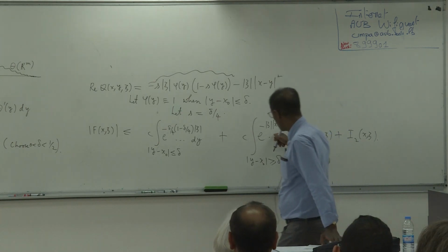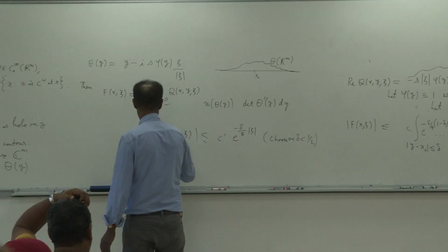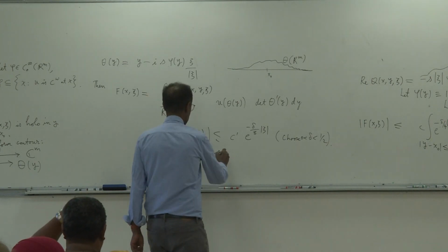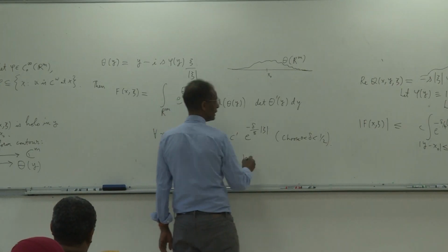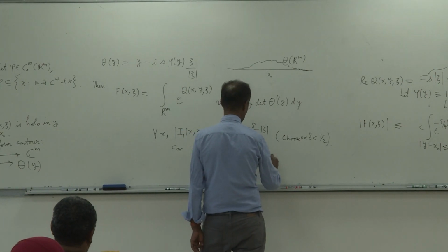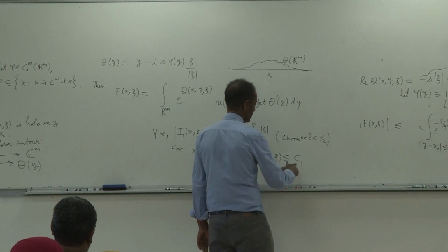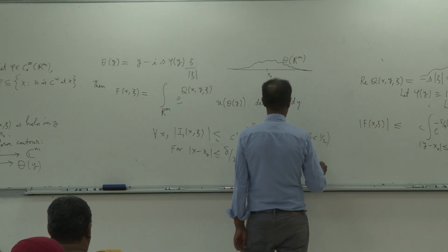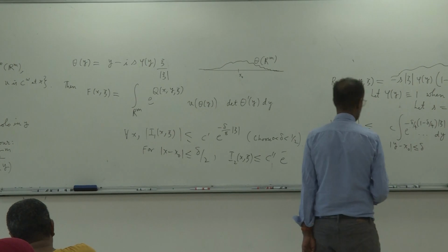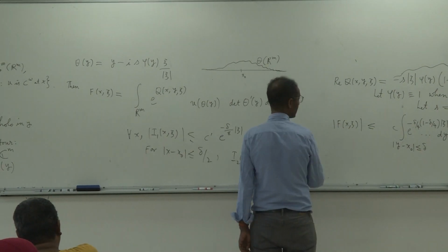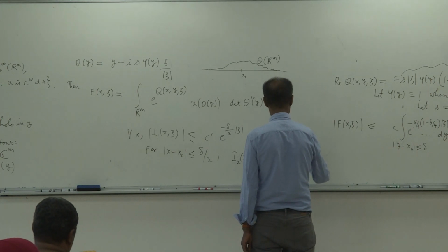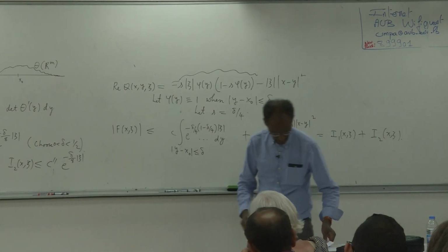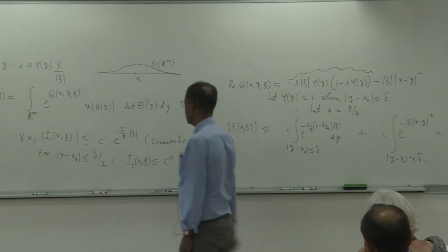So for x, for example, less than or equal to, say, anything less than delta over 2, the second integral I2 of x, c is clearly less than or equal to some constant, e to the minus something like delta over 8 times norm of c, or maybe delta over 16, but very easy to decide. Delta squared over 4 is what I have. That's fine. And so I have it.